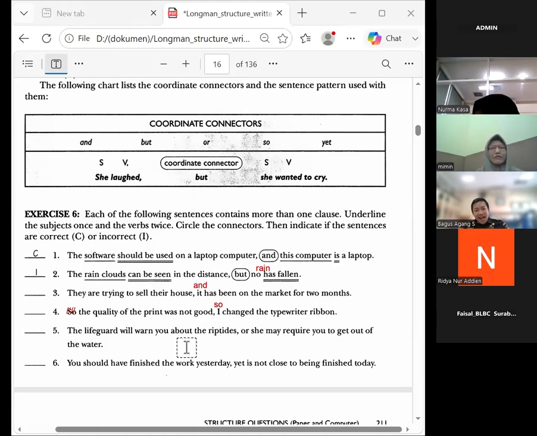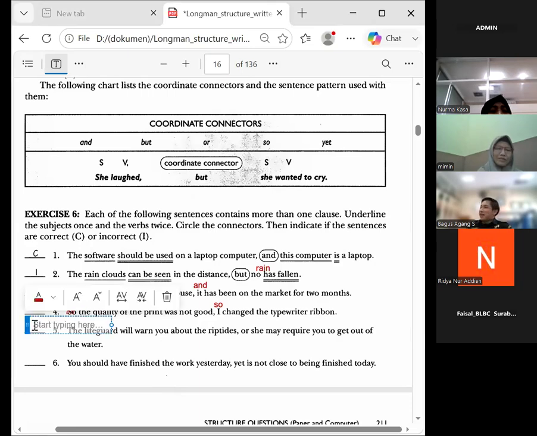Good. And the verb? Will warn. And the subject of the second clause? She. And the verb? May require. And what is the connector? The connector is or. Is this sentence correct? I think it's correct. Very good. So this is correct.